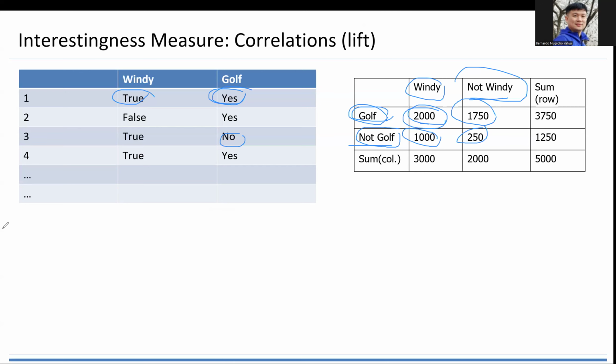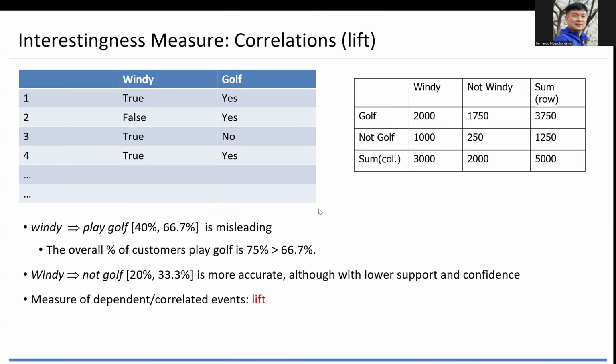Now we can measure the support and confidence. Do you still remember? The support for this one is 40%, when we look at windy, this is X, and play golf, this is Y. How can we get this 40%?